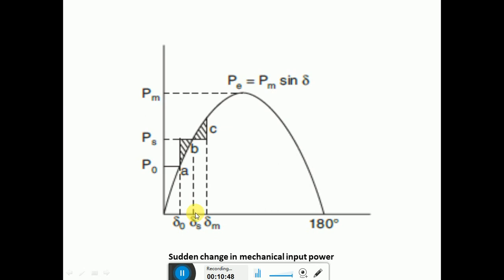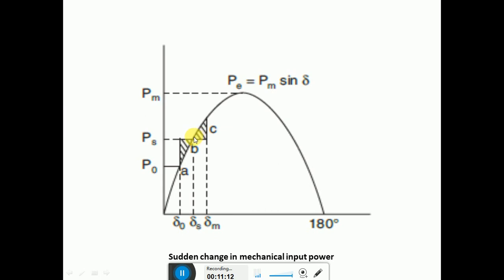So at this point, what happens? The acceleration is there. While coming from this side to that side, at point B the speed will be below the synchronous speed, because at this point it was at synchronous speed. After crossing this point we can see the mechanical input power is more than the electrical output power.